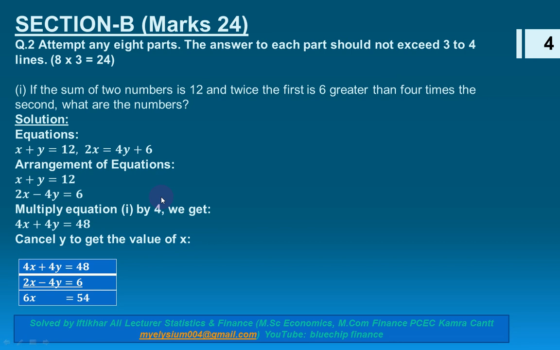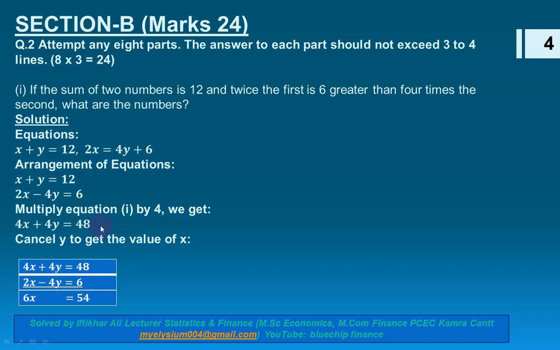So after arranging these equations, it will become x plus y equals 12 and 2x minus 4y equals 6. Now you can solve these equations through the simultaneous linear equations method.